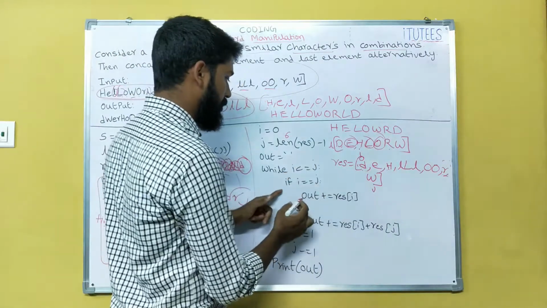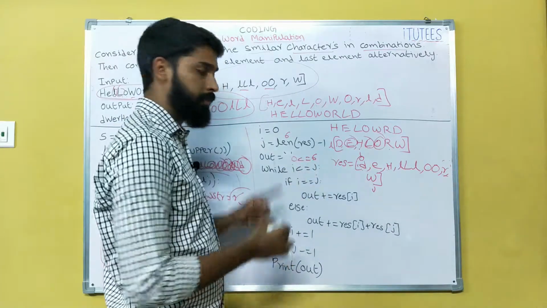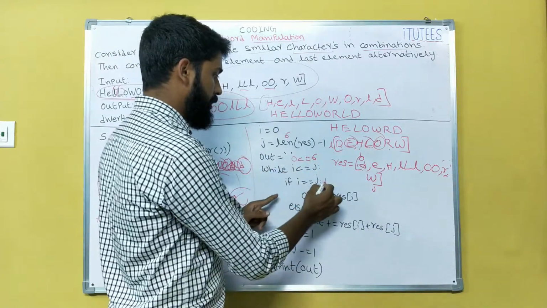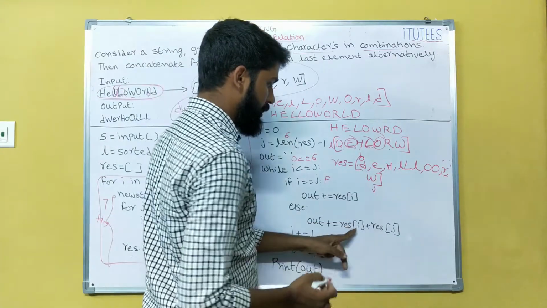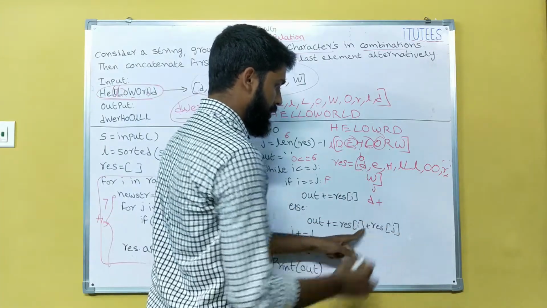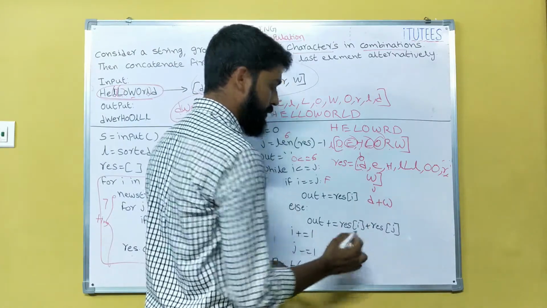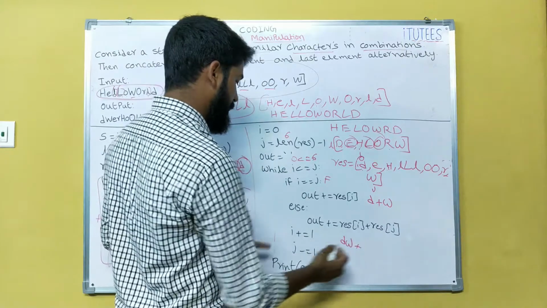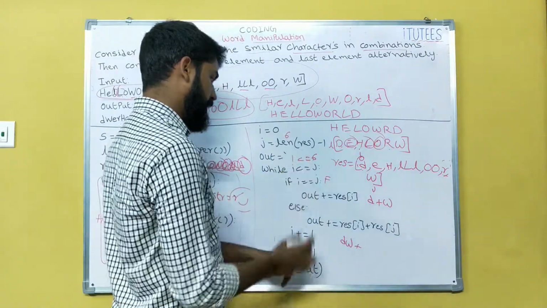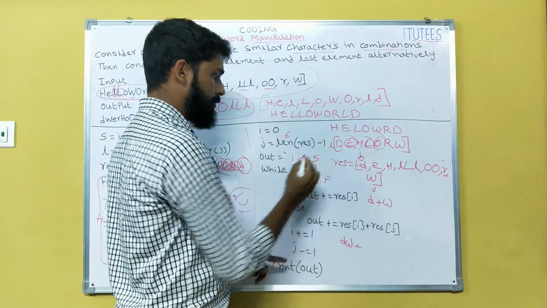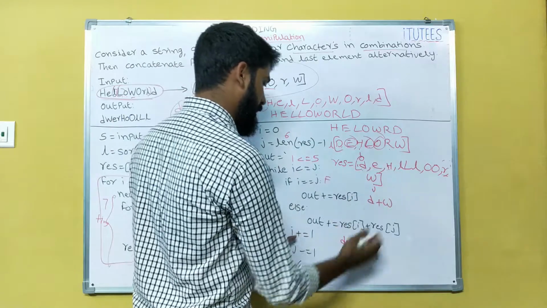In the first iteration, 0 is less than or equal to 6, true. So enter here. So this is false. Output equals output plus res of i, D, plus res of j, W. That means DW. In the next iteration, i becomes 1, j becomes 5. It is true, so enter here. What is i?